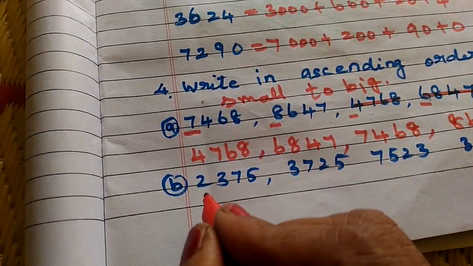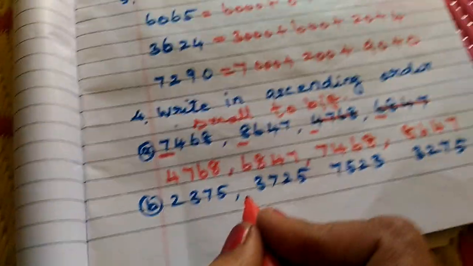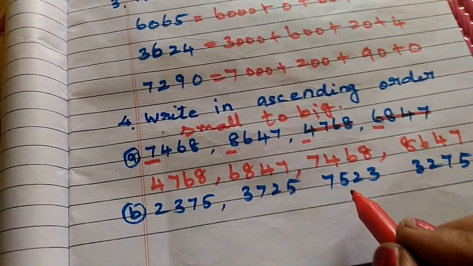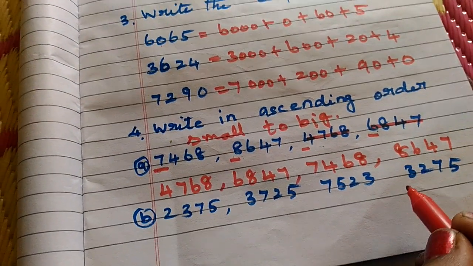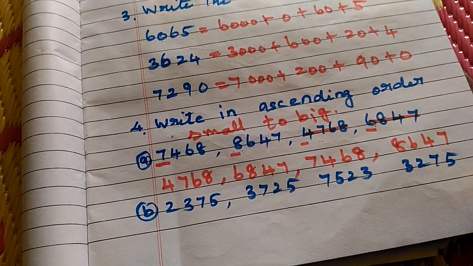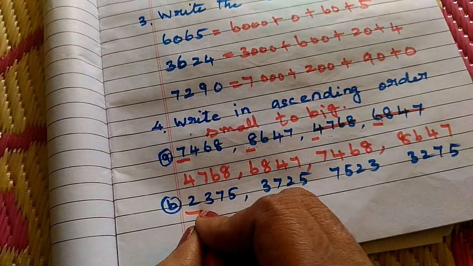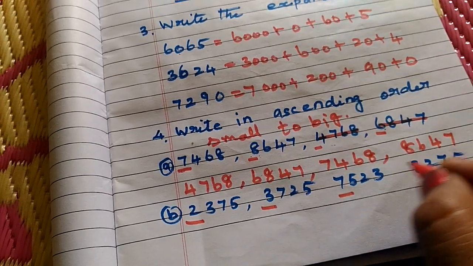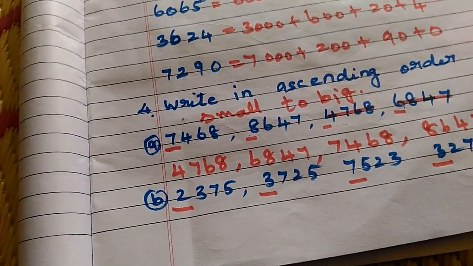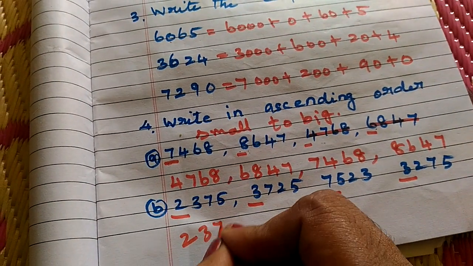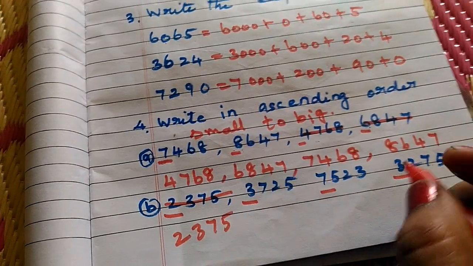One more example. See here, 2375, 3725, 7523, 3275. Which one is the smallest number? 2000, 3000, 7000, 3000. 2000 is the smallest number, so 2375.